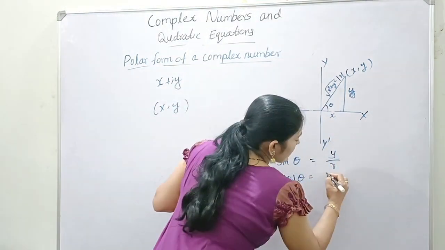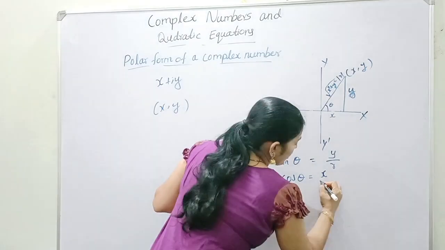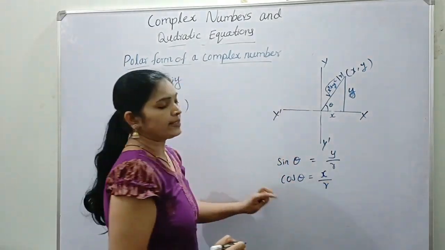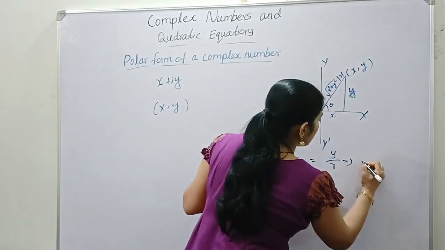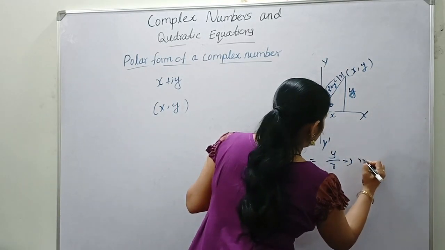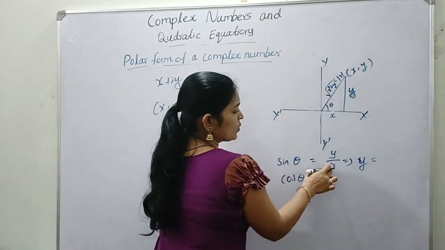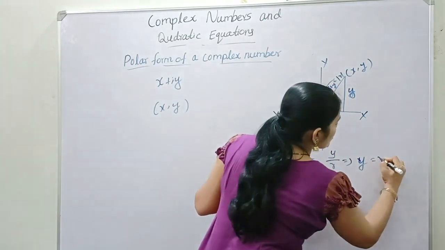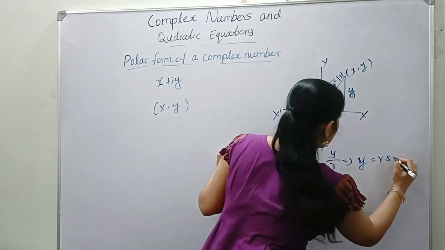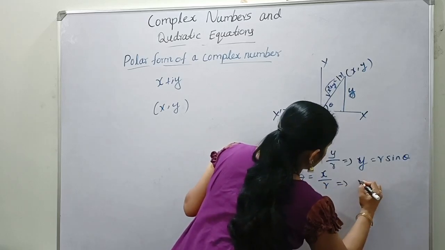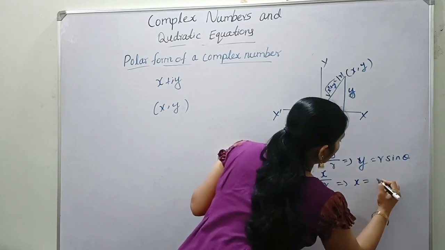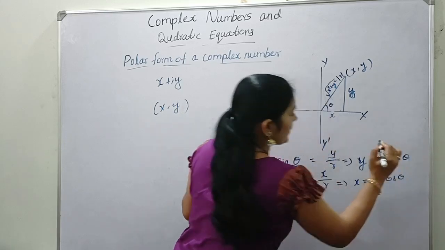Cos theta is adjacent side divided by hypotenuse, that is x divided by r. That implies y is equal to r sin theta, taking r to the left side, and x is equal to r cos theta.